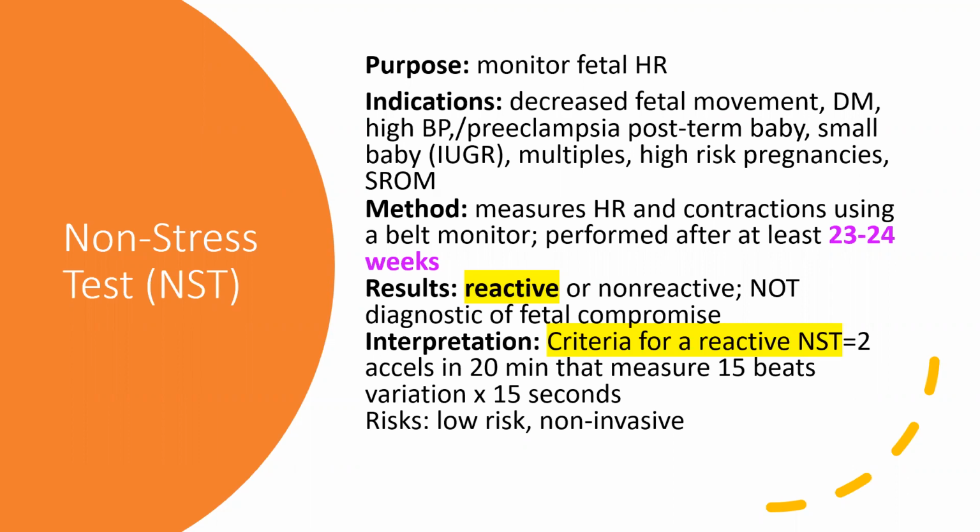If these criteria are not met within 40 minutes, the test is considered non-reassuring, non-reactive, and further testing would be indicated. So I guess what you have to focus on with this is what this criteria is, knowing that it's done at 23 to 24 weeks. That's the only thing with this.